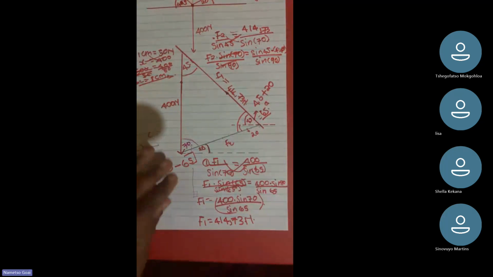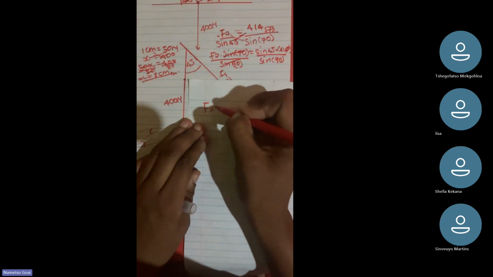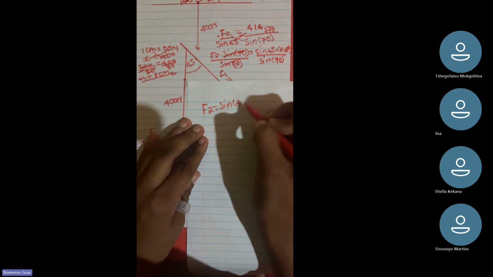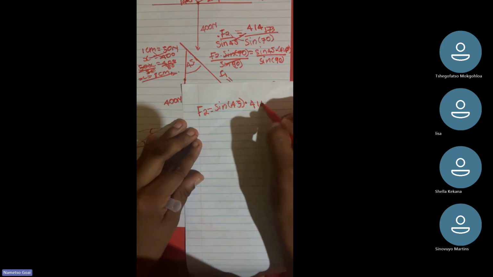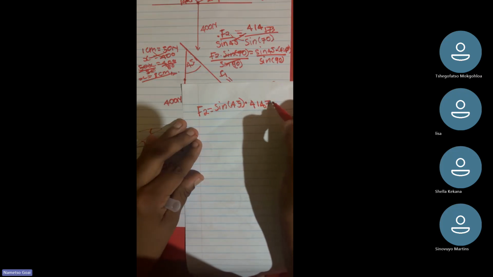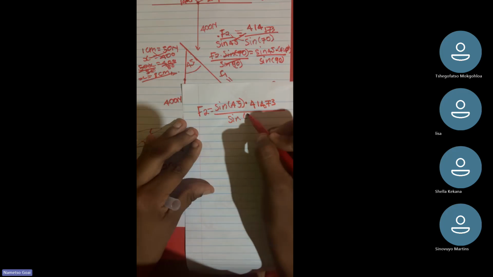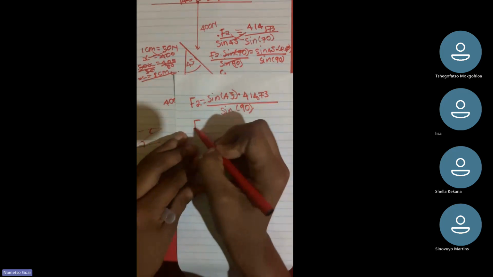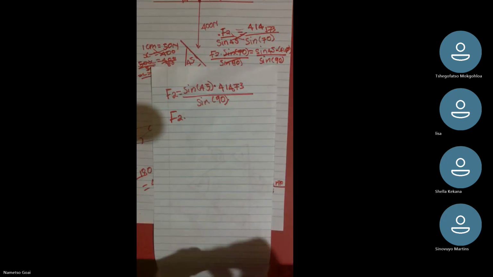Let me just find a clean place to write that. So we're going to have F2 looking like this. It's going to be sine of 45 multiplied by 414.73, all divided by sine 90. Can you put this into the calculator for me so we can find our F2?